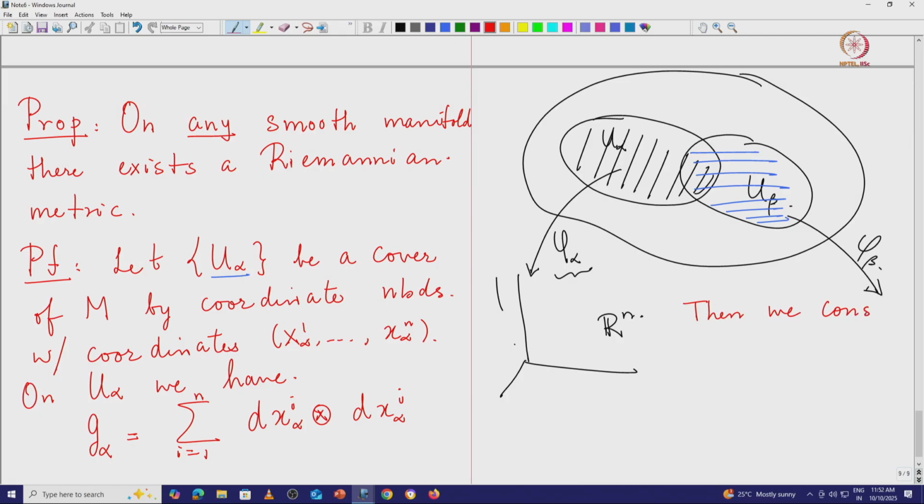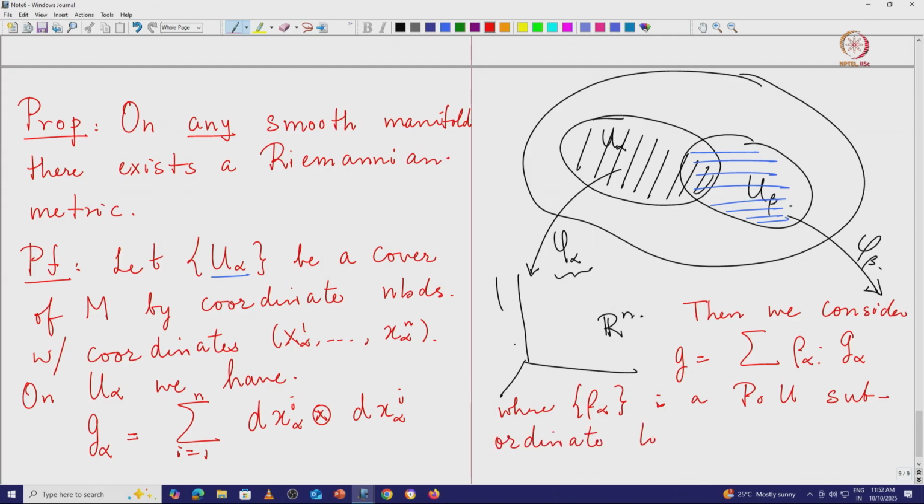Now to consider a global thing, we consider the following Riemannian metric. You just take the sum of all these Riemannian metrics multiplied by rho alpha, where rho alpha is a partition of unity subordinate to this cover U alpha.